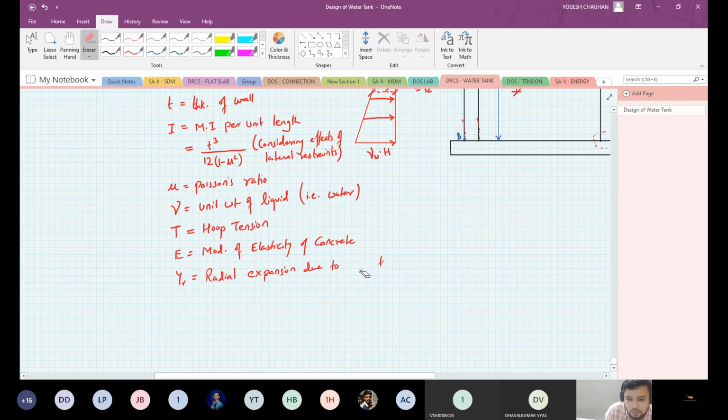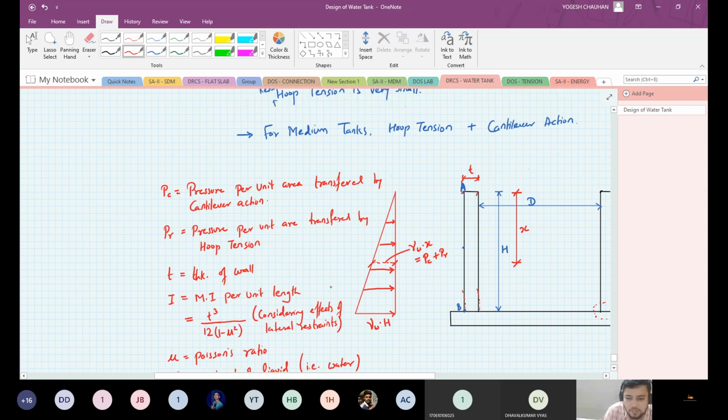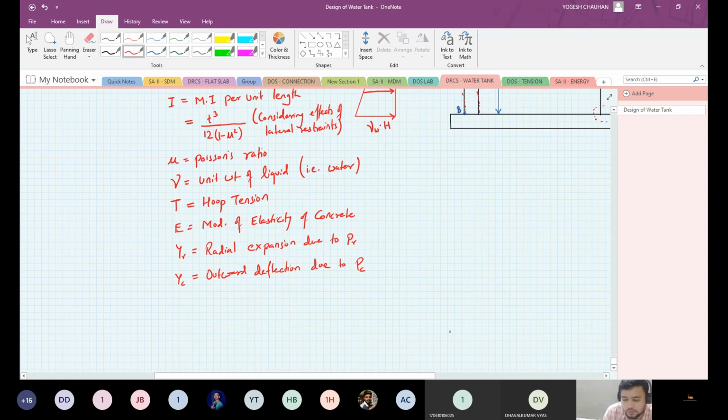Let Yc be the outward deflection due to Pc, that is, the pressure due to cantilever action.